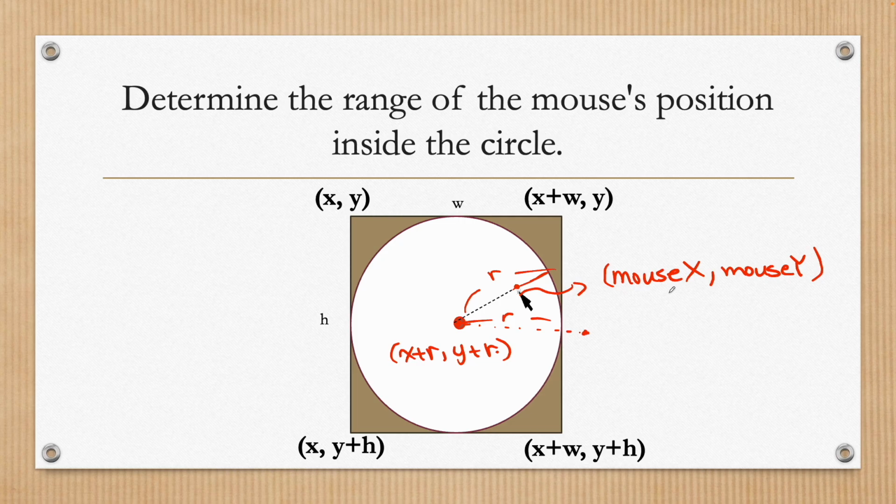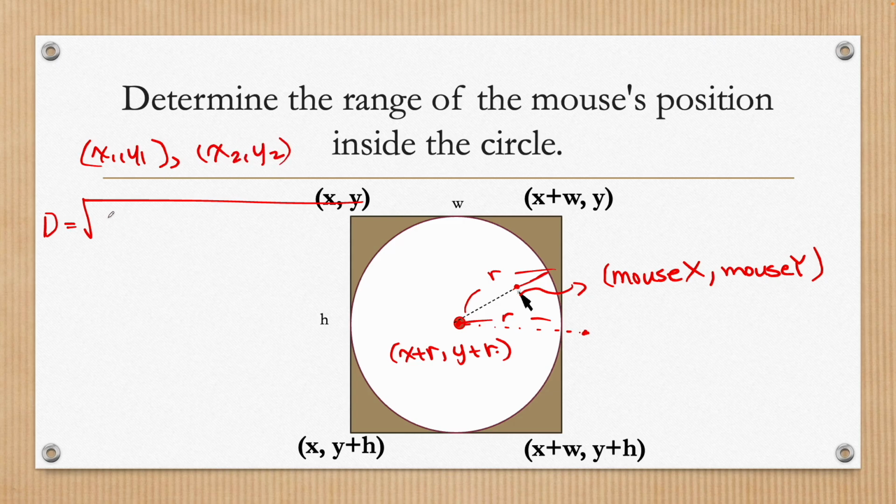So you have to recall how you found the distance between 2 points in grade 10 math. I'll give you the formula here. The distance between 2 points, x1, y1 and x2, y2, can be written as this: x2 minus x1 squared plus y2 minus y1 squared.